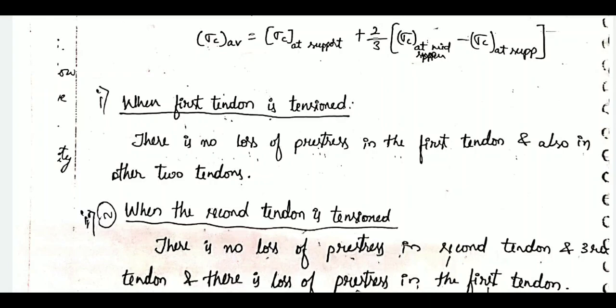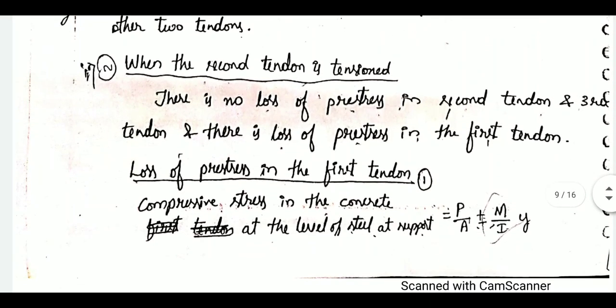When you have tensioned the second cable there will be some amount of loss in first cable, but there is no loss in second and third cable as you are tensioning the second cable and third cable is not touched. So first we need to find out what is the loss of pre-stress in first cable, which we are fixing. So same formula we can use.